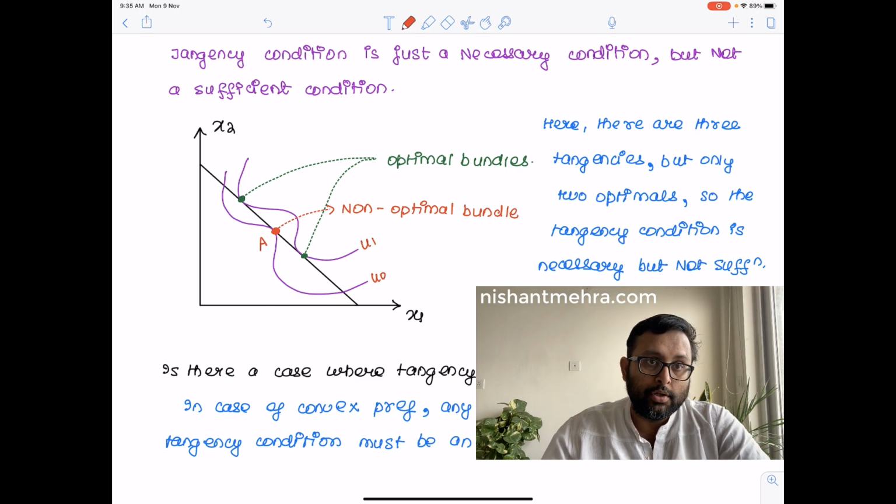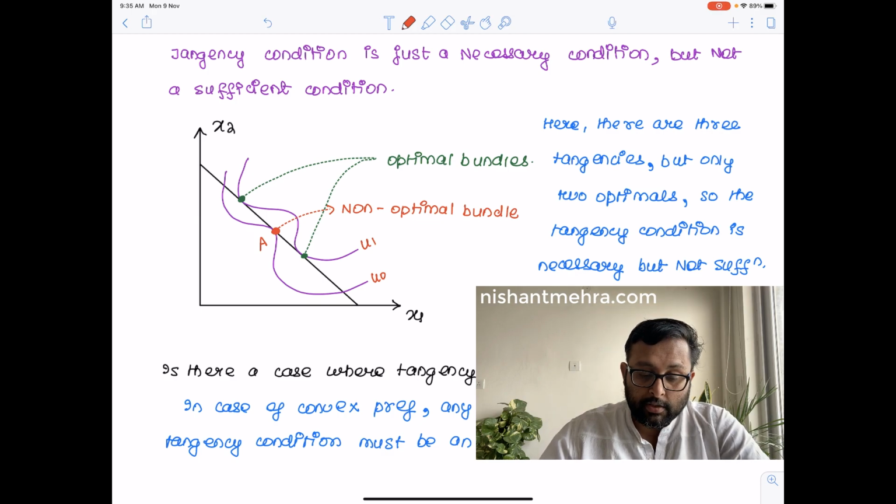It is not sufficient because you have also seen that where tangency is not holding, you still have an optimum. For example, in a corner solution. For example, in kinky preferences. So technically speaking, in kinky preferences, tangency is not holding, right? Here, tangency is holding, but still you don't have a solution. That is not the solution.